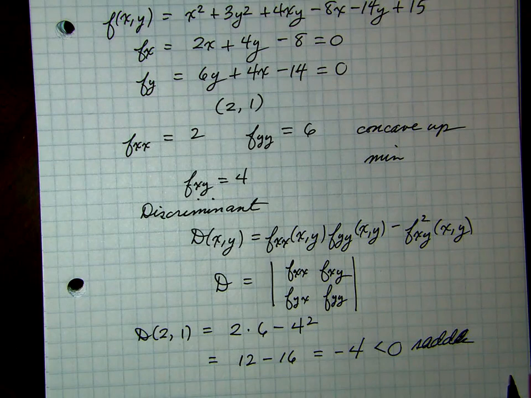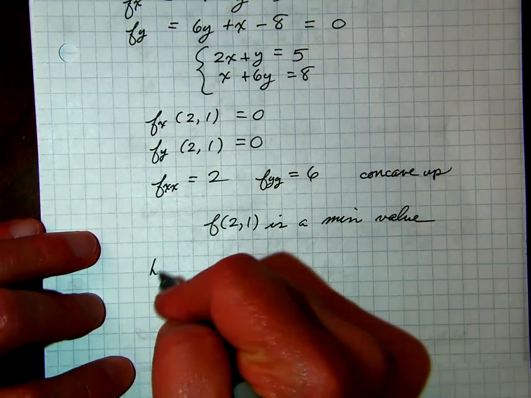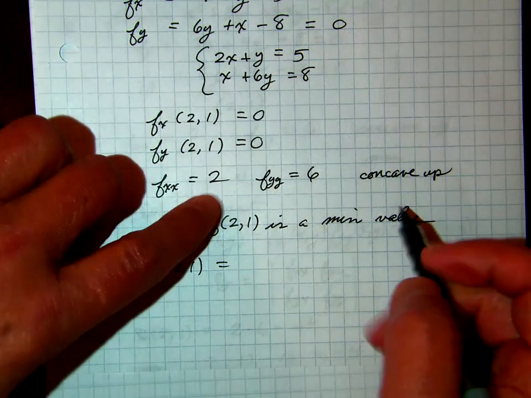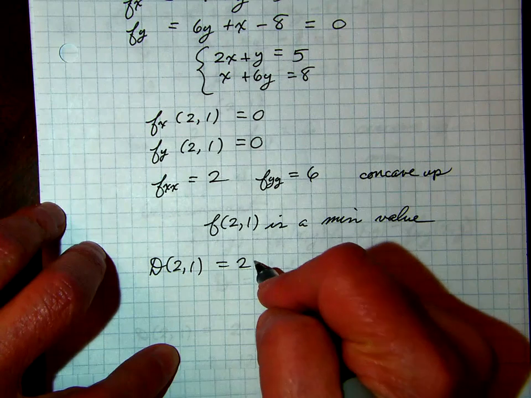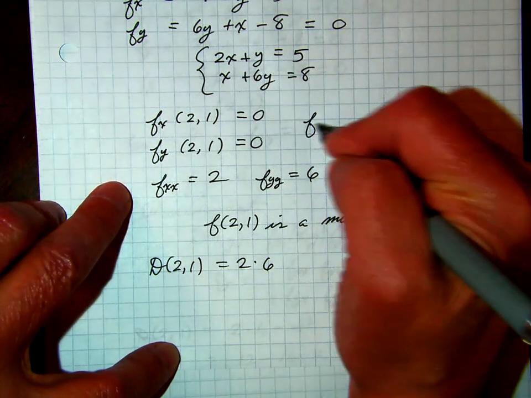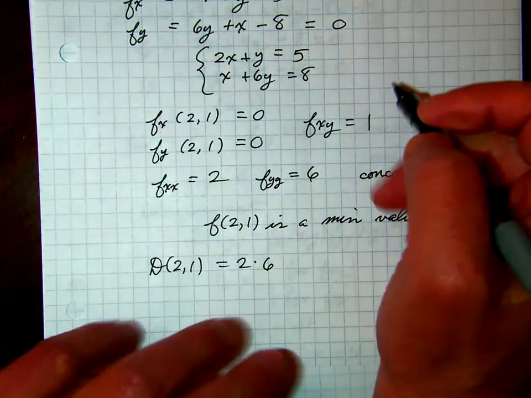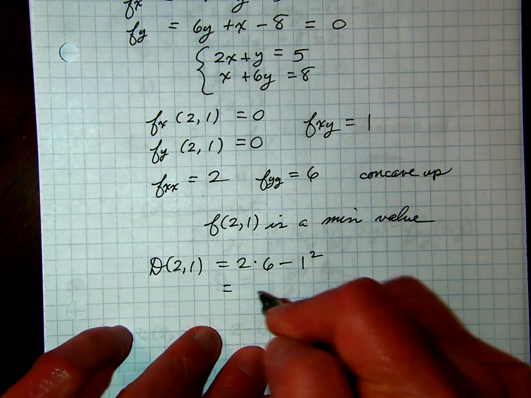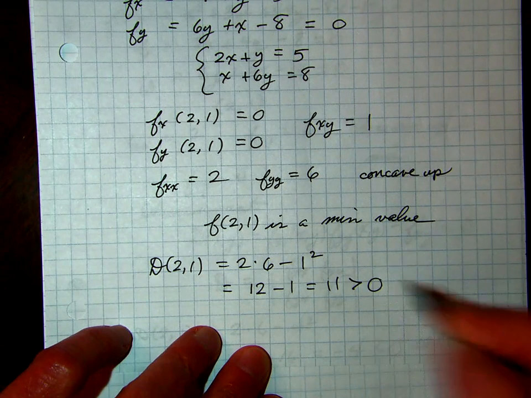In our previous problem, if we did the discriminant on this one, the discriminant at (2, 1) would have been, well, here's fxx, 2, here's fyy, 6, and in this one, fxy was just 1, minus 1 squared. So we're looking at 12 minus 1, 11. It's positive.